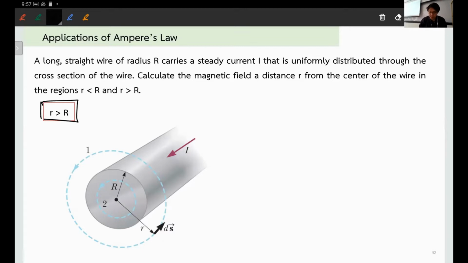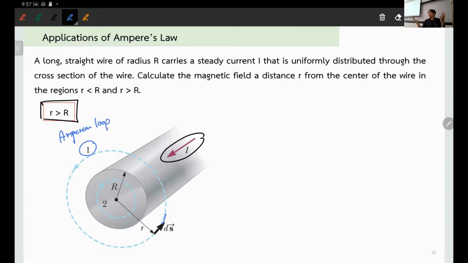So let's look at this. I have a current I flowing in the wire, okay, over there. Now I say that, hey, around this wire, there will be a magnetic field around. So what I'm imagining is just, I'm going to create a loop. This is my imagination, loop number one. That is my Amperean loop. That's it.